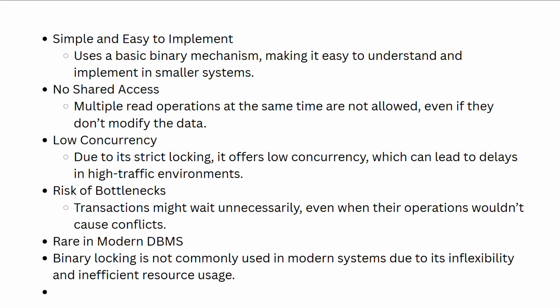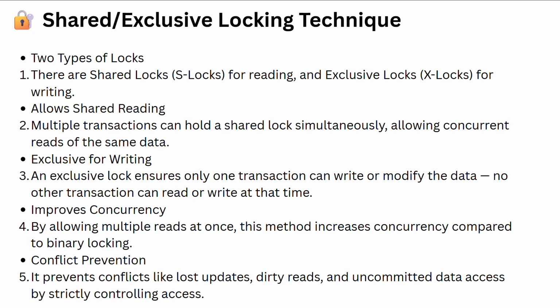Now we will move on to the next type of lock, which is shared or exclusive locking technique. So, two types of locks are there: shared locks, S locks, for reading, and exclusive locks, X locks, for writing. Now the second point is allows shared reading.